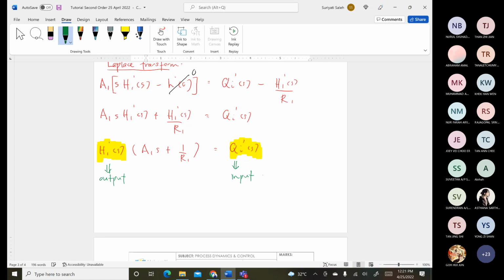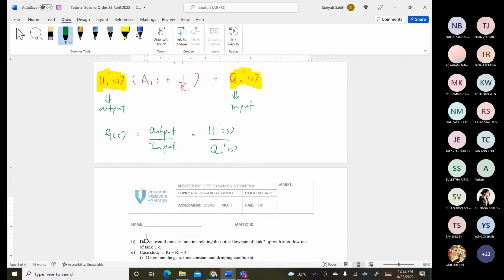The next step is to develop the transfer function, which is the output divided by the input. In this case, our output is H1 prime(s), and the input is Qi prime(s). This is the objective of the transfer function development.